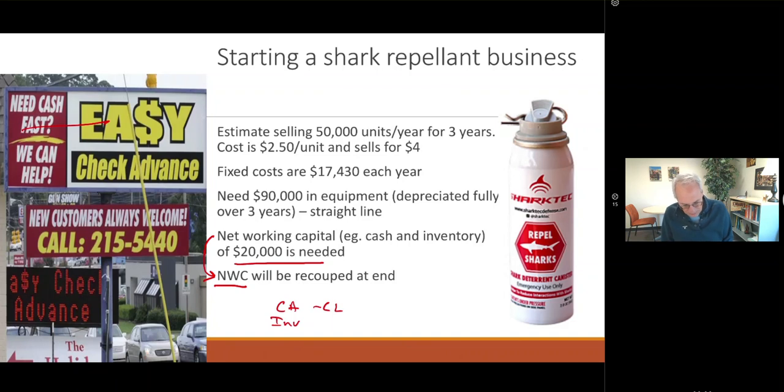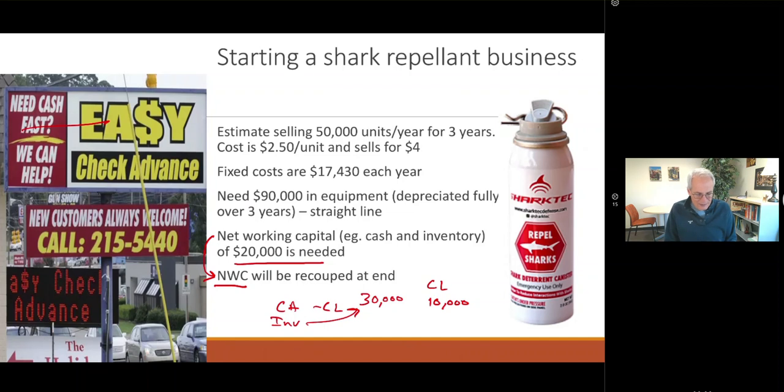For example, let's say that we needed $30,000 in inventory, but the suppliers of that inventory said, you know what, you can just owe us for like 10,000 of it, because maybe we had 3 different suppliers at $10,000 each.